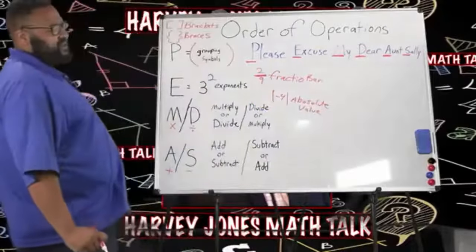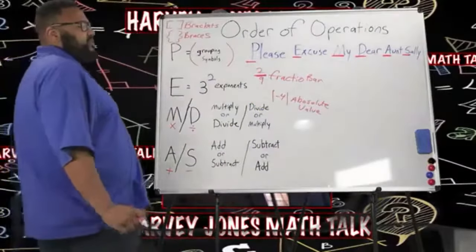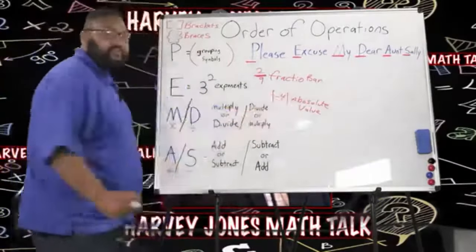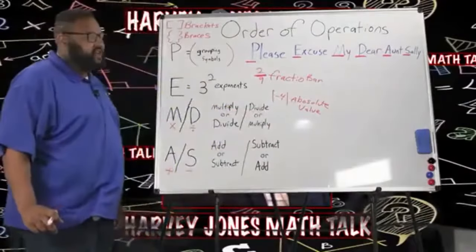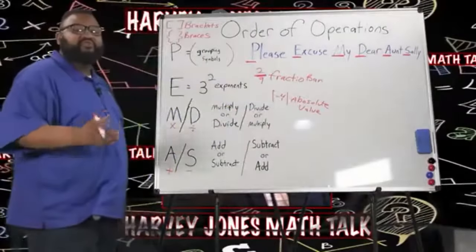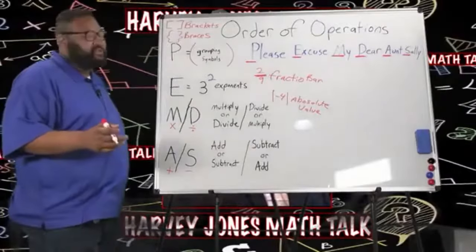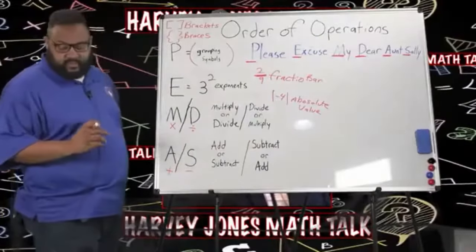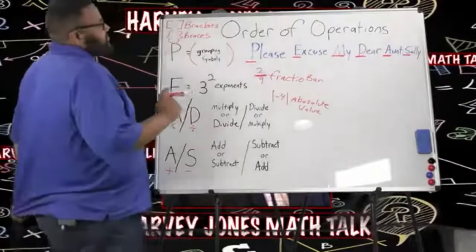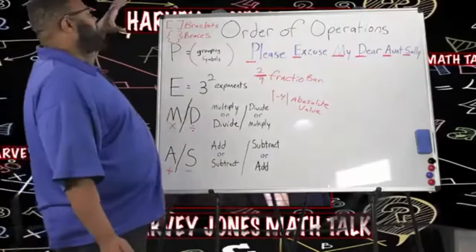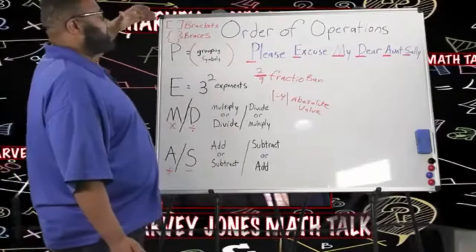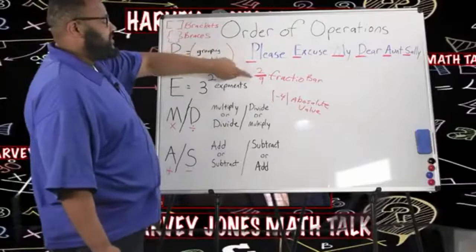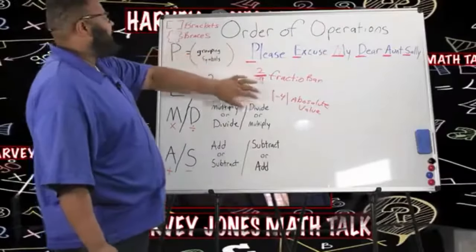Excuse my spelling. What this means is that it's automatically going to turn into a positive number. I'm like, what? So these are some of our grouping symbols. Sometimes you may see the fraction bar, sometimes the absolute value.